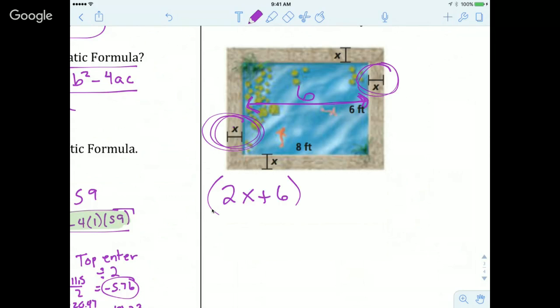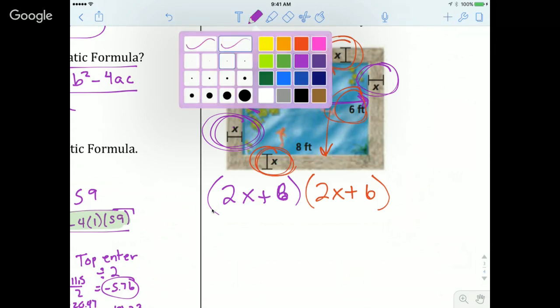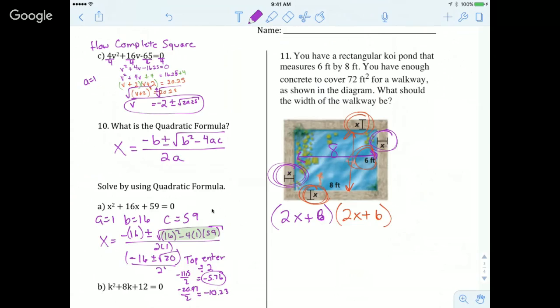That's challenging. If x was 1, oh wait, that's not 6, that would be 8. You are right. So 2x plus 8. And then if we go the other way, you have x plus the 6. So you have 2x plus 6. And the story prompt said all of this is going to multiply to give you 72.